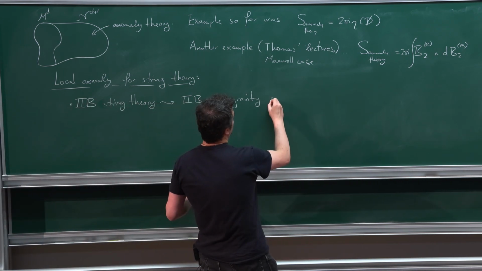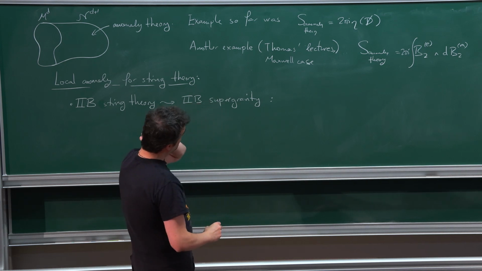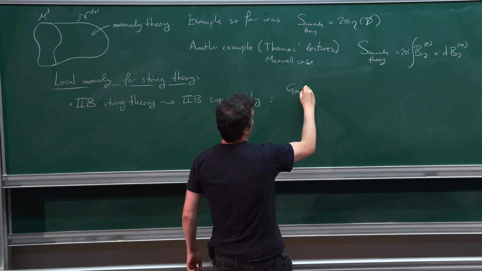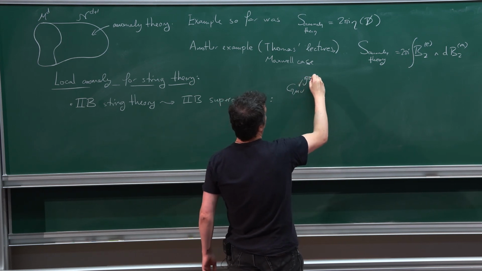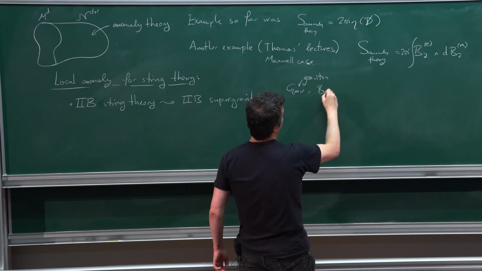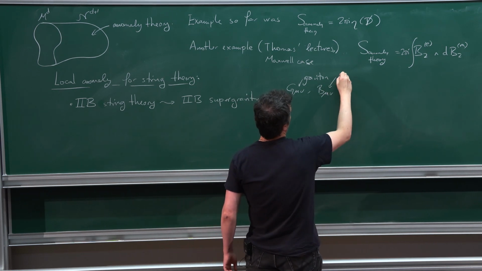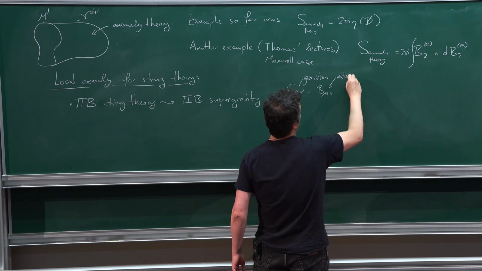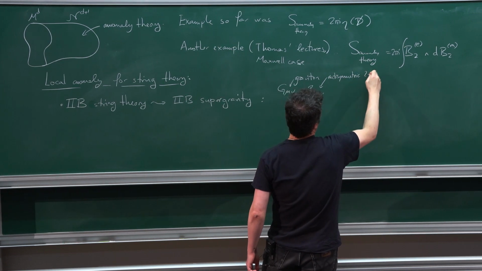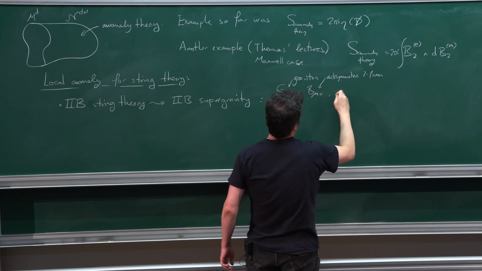And type IIB supergravity is not very complicated. So what do we have? We have a graviton, an antisymmetric two-form, and a scalar.